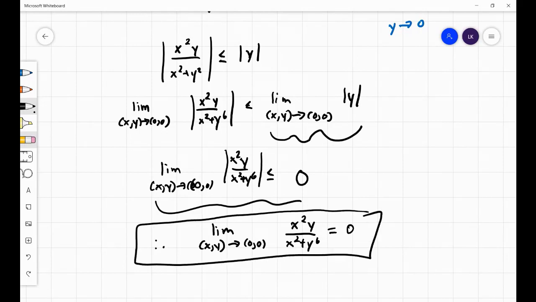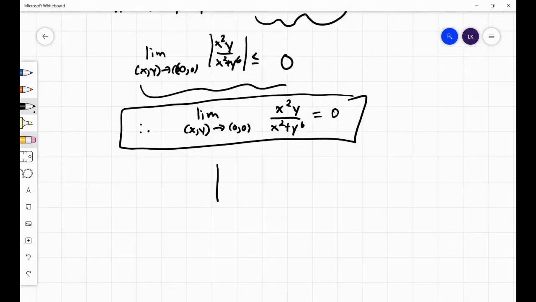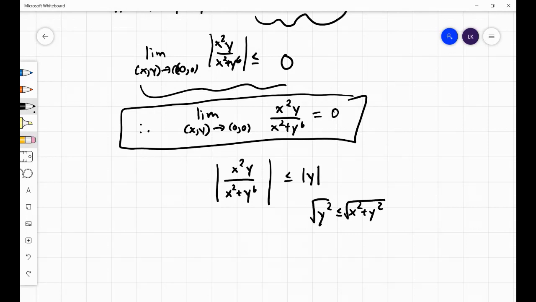You could have also used an epsilon delta argument, which I was going for initially. I was going to have that our function evaluated at the point (x, y) minus the limit is less than or equal to the absolute value of y. And because we know y squared is smaller than x squared plus y squared, you take the square root of both sides. The square root of y squared, we should all know is the absolute value of y.